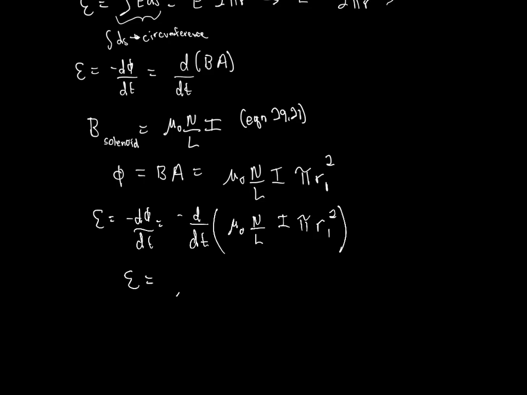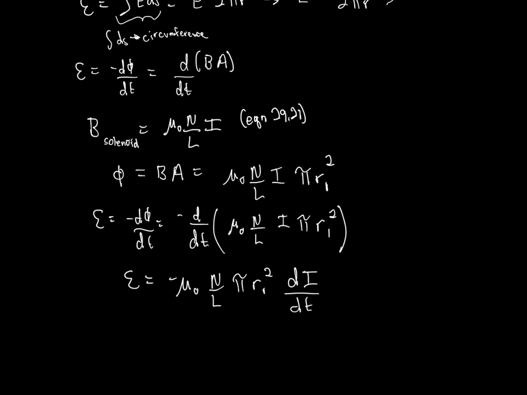So most of these variables come out: mu naught, N over L, pi r1 squared. And then I'm left with this di dt. Now, in past problems, usually when we have a di dt, we'd have to take a derivative of an equation. Do we have to do that here?